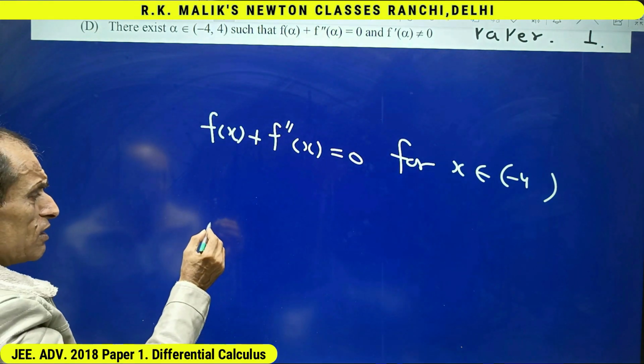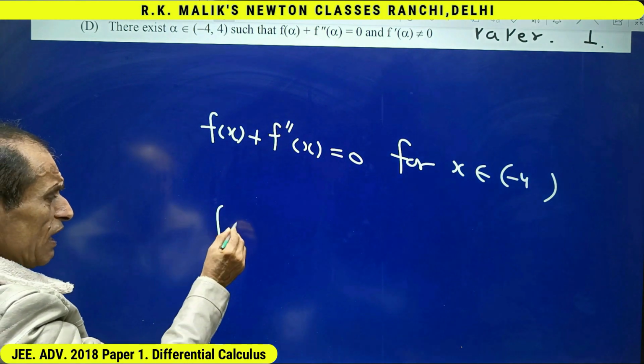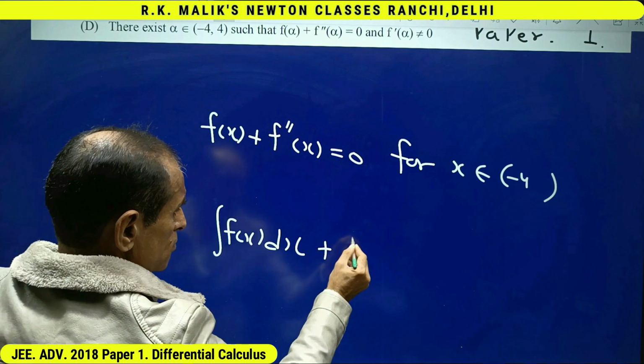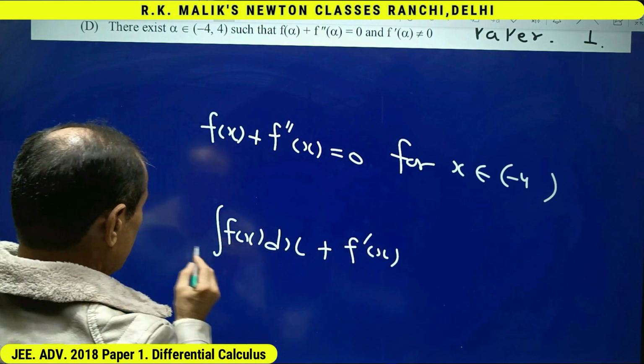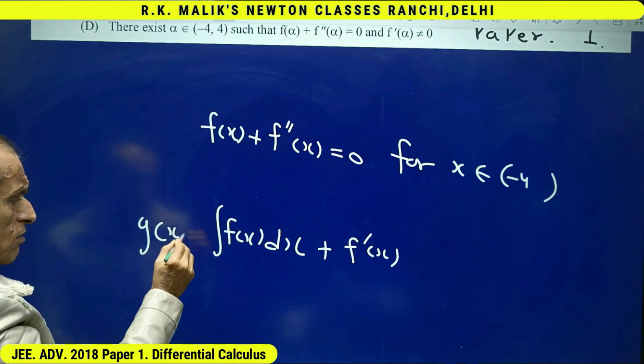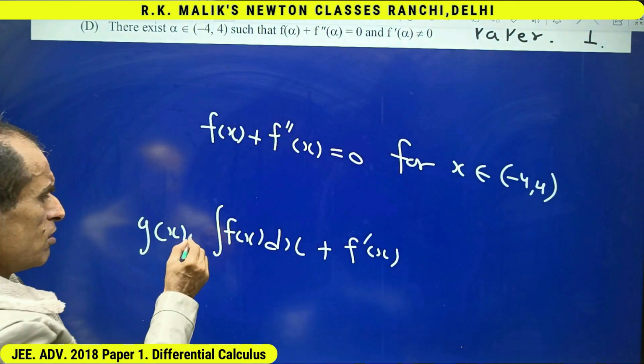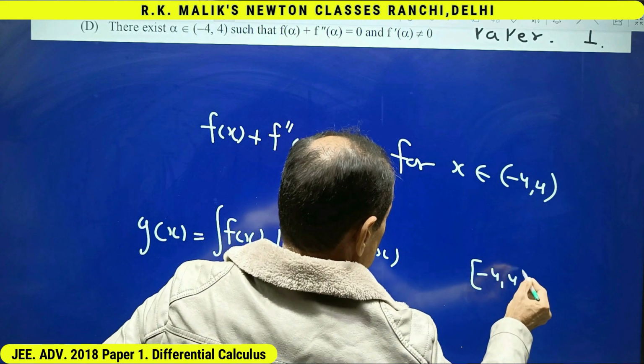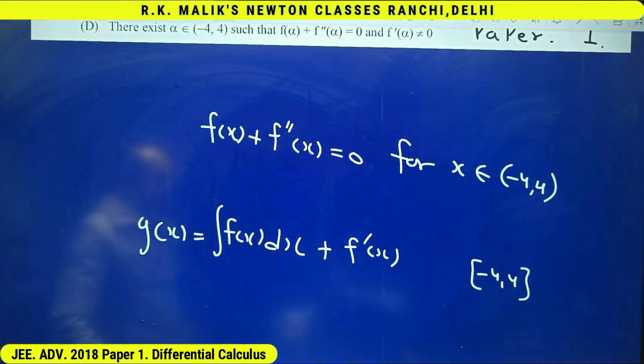That is, we'll have to take some function and name it gx and take the interval as -4 to 4. But using this direction to solve is very difficult.